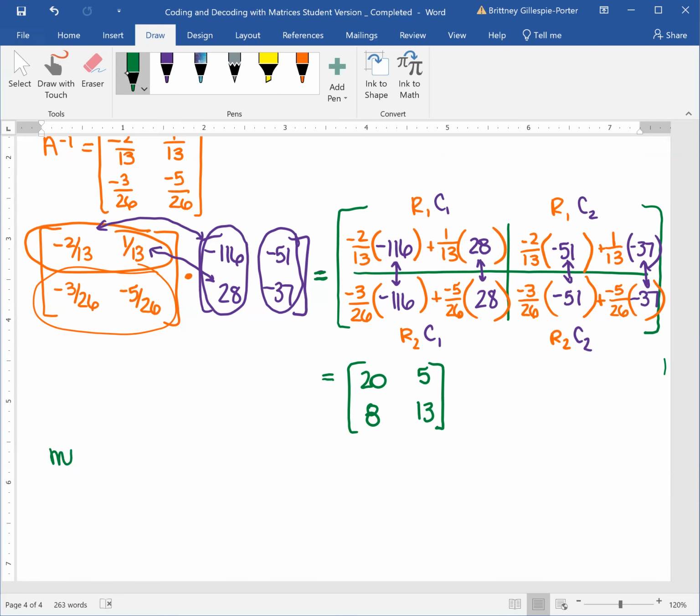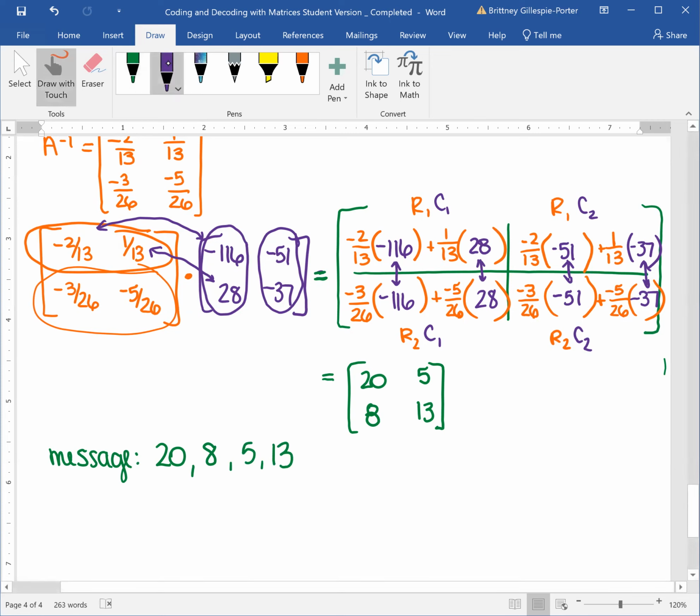So our message, if we take it out of the message matrix, starting with the top left corner, of course, we have 20 listing horizontally from the vertical. 8 comes next, and then 5, 13, and we need to convert back to our letters.